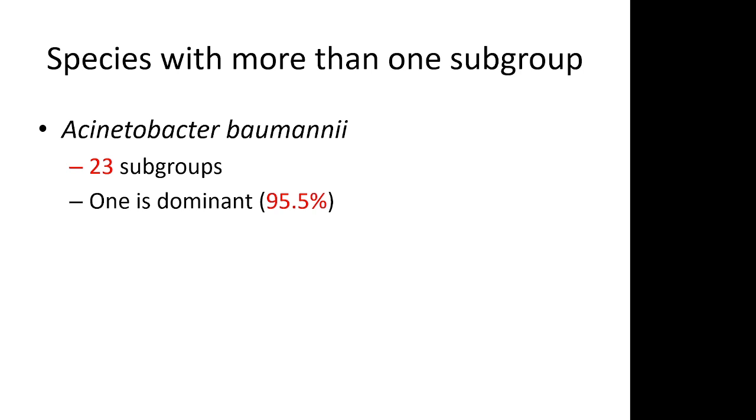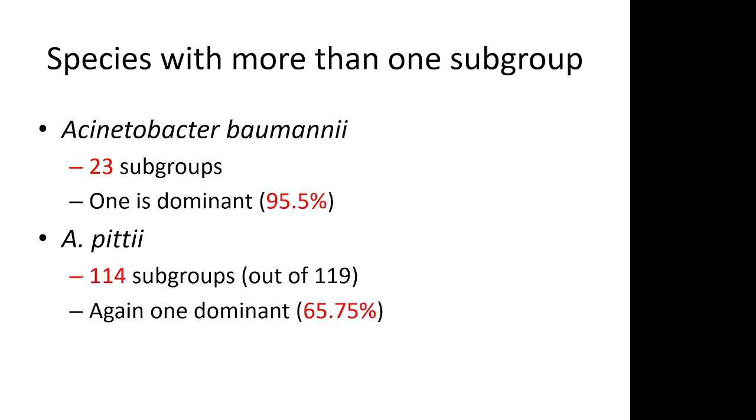One of them was Acinetobacter baumannii, and you may know that Acinetobacter baumannii is part of the ESCAPE group that Gabriela was talking about. It's a bacterium that is creating havoc in many hospitals, and so we detected 23 subgroups, and one of them is dominant with 95.5% of contigs among those classified as Acinetobacter baumannii.